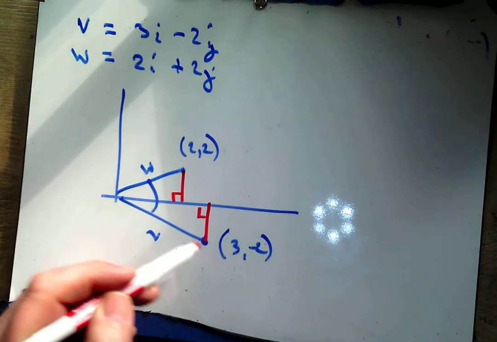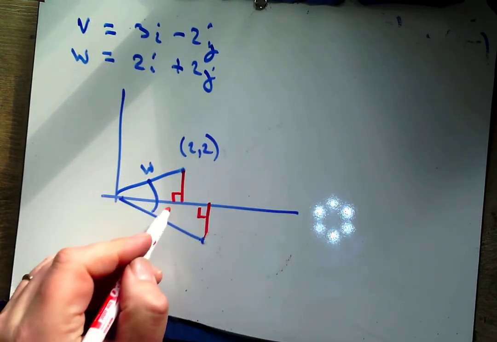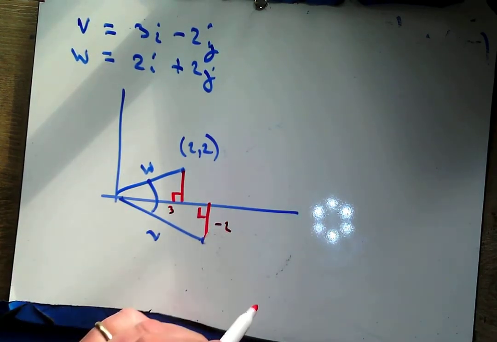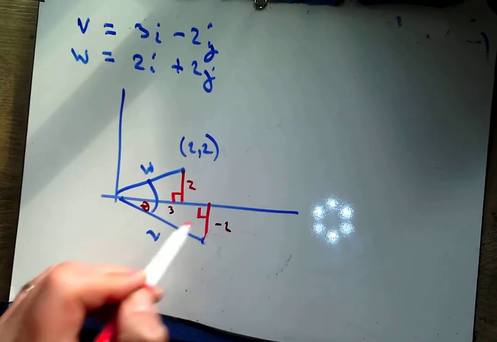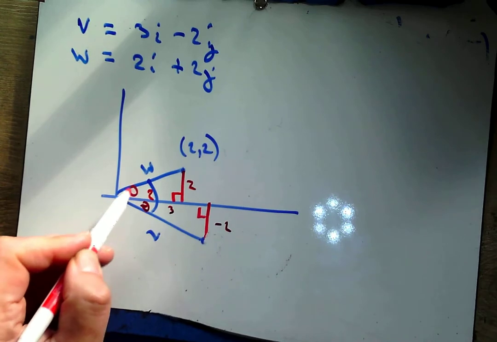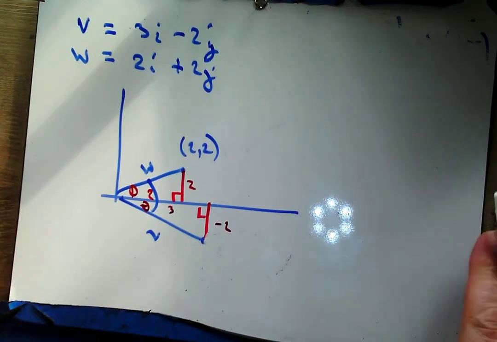They say, okay, I know that this is 3 and that's -2, and they use this information to find that angle. And this is 2 and this is 2, and they use that information to find that angle, and then they have those two things together.